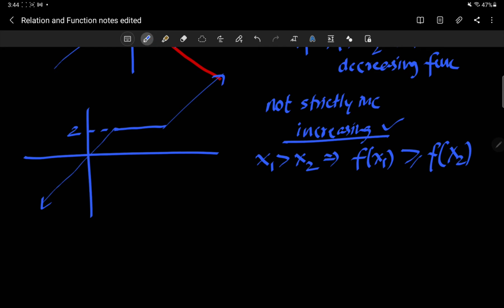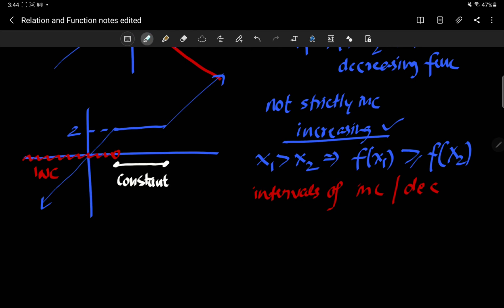Okay, but you can still have what are called intervals of increasing or decreasing. If you look at this graph, then you notice that for all these values of x until here it is increasing. Then between these values of x to these values of x it is constant, and then from this value of x to all other values it is increasing again.